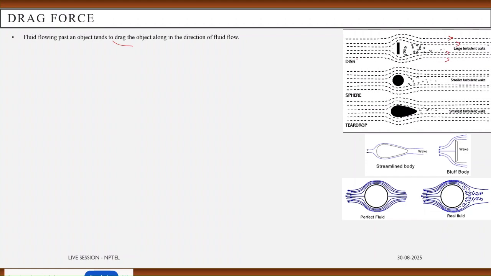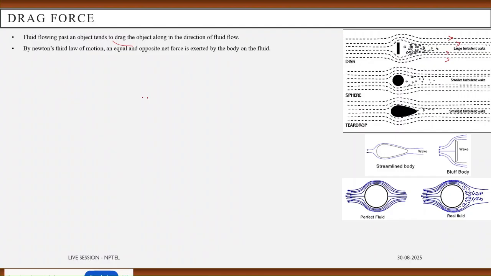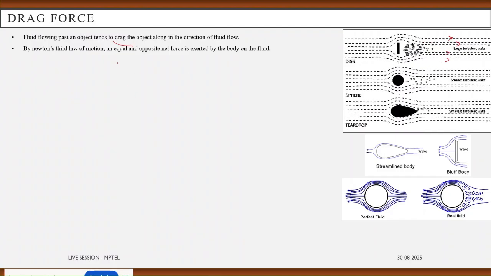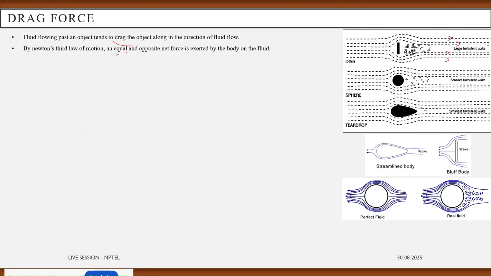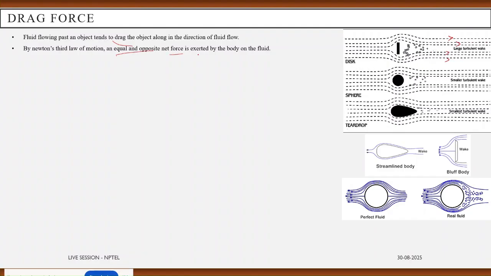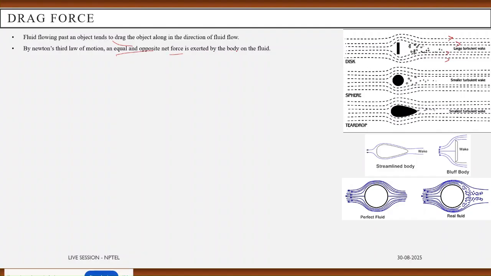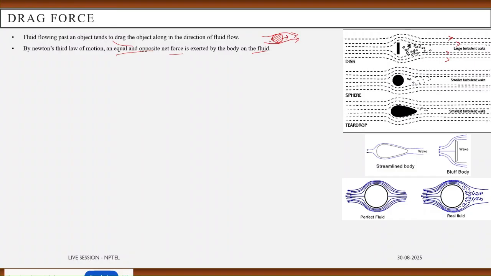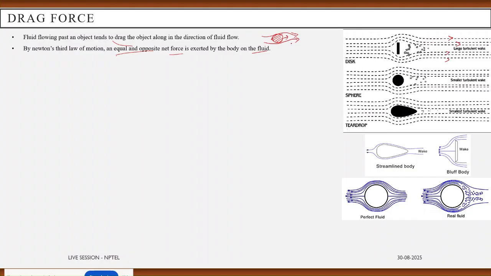So what is happening is that by Newton's third law of motion, an equal and opposite net force will be exerted by the body on the fluid. As the fluid is dragging the object, now the fluid is flowing over the object, so that fluid will also drag the object by the drag force.